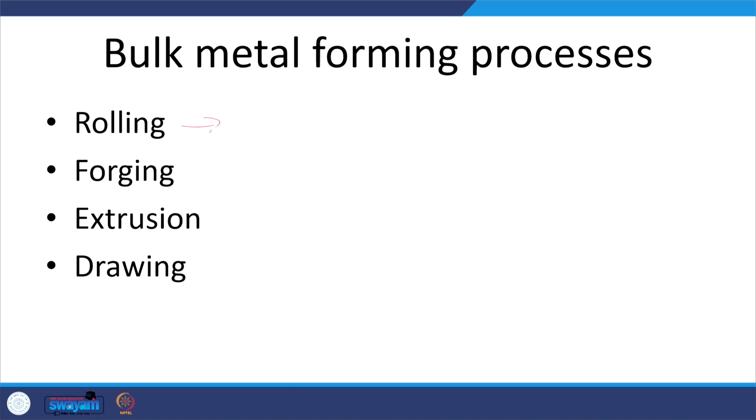So, rolling is particularly used for making the sheets and plates, while forgings can be used for making a variety of high strength to weight ratio products, like wrenches, even gears, connecting rods.